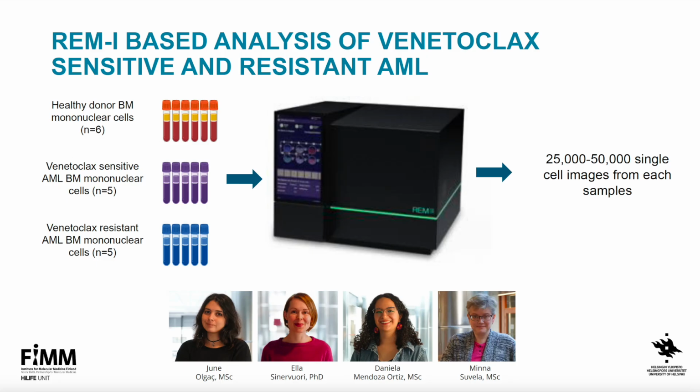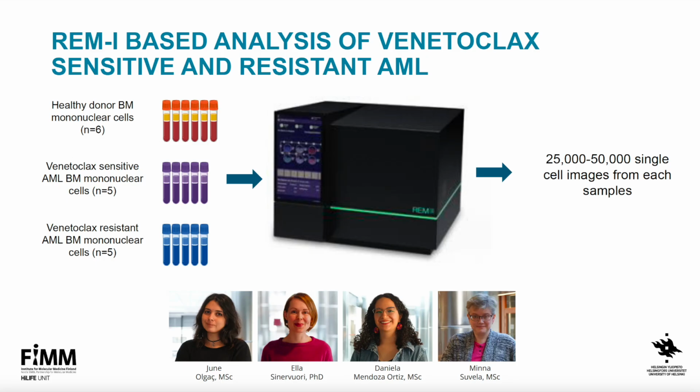Basically, a set of 6 healthy donor bone marrow samples, 5 samples from patients who we knew were venetoclax sensitive, and 5 samples from patients who were venetoclax resistant. For all of these samples, 25 to 50,000 images were taken.